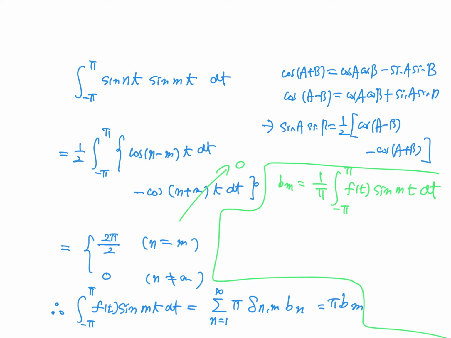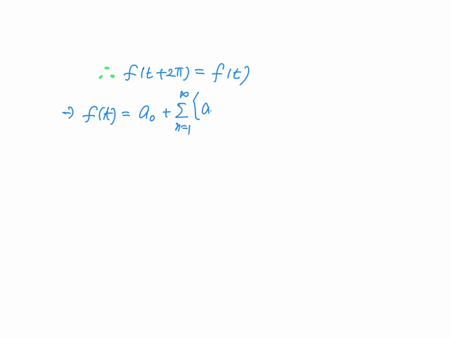So f(t), then we can expand as some constant plus a_n cosine nt plus b_n sine nt.